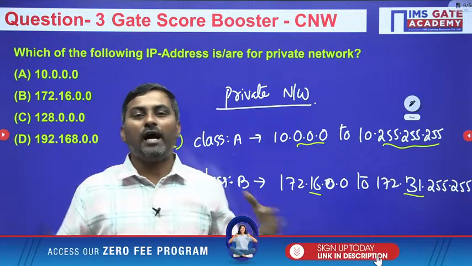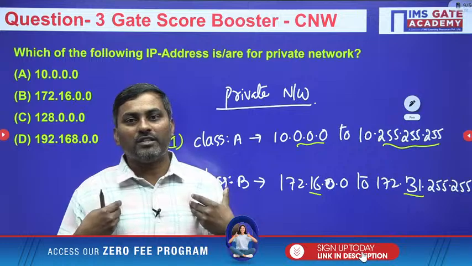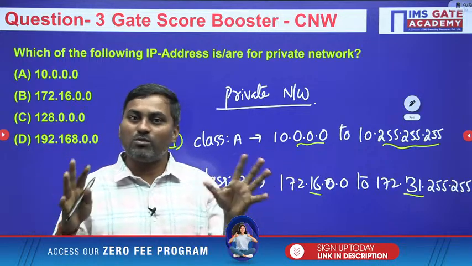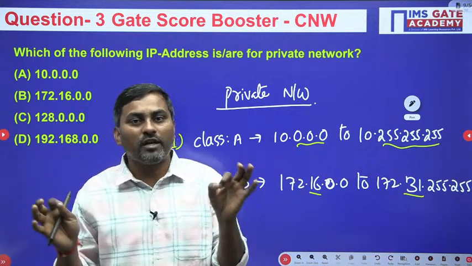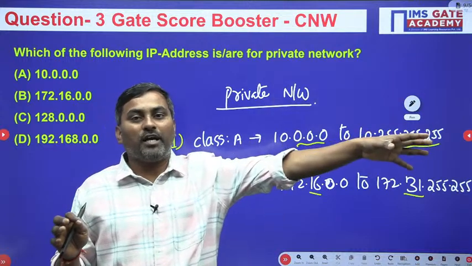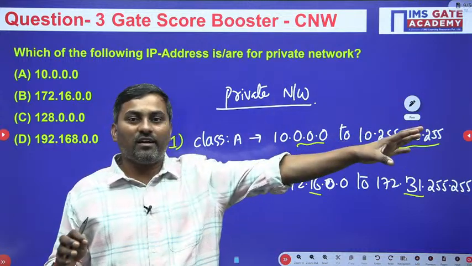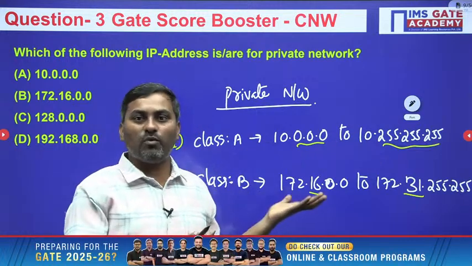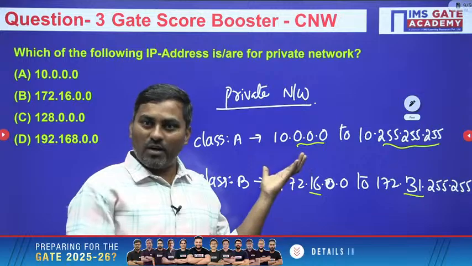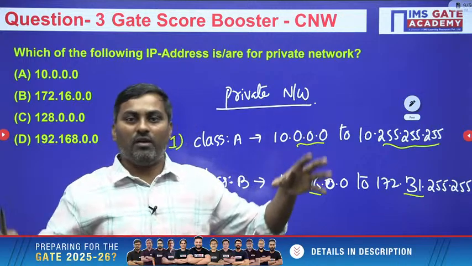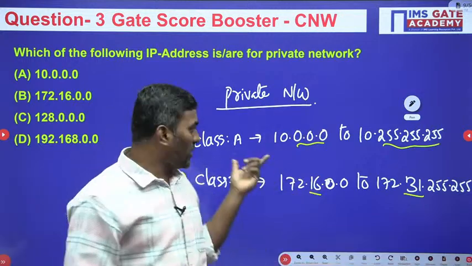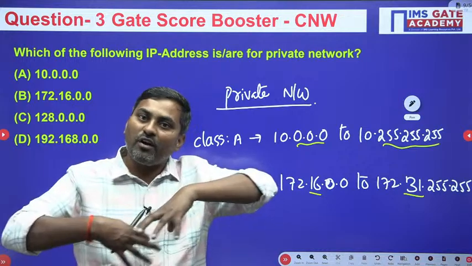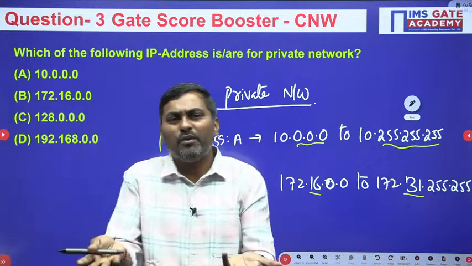Suppose, for example, I have 1,000 people in my organization, assume 1,000 computers are there. I do not want to connect to public IP. I do not want to check the internet. I only want organization level communication, means I can use one of the private network IDs, either class A or class B, and configure all 1,000 computers. You can communicate, right?